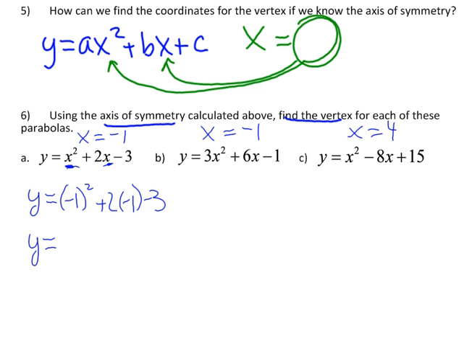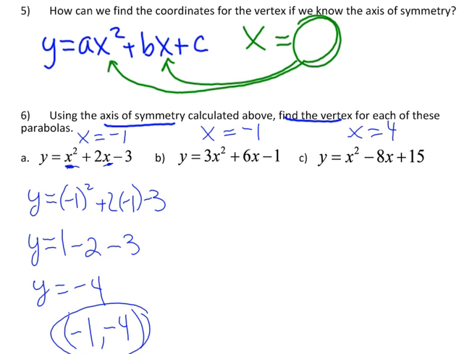So (-1) squared is +1. 2 times -1 is -2, and then minus 3. 1 minus 2 is -1, minus 3 is -4. So we have our x and our y. We can write our ordered pair for the vertex: x is -1, y is -4.